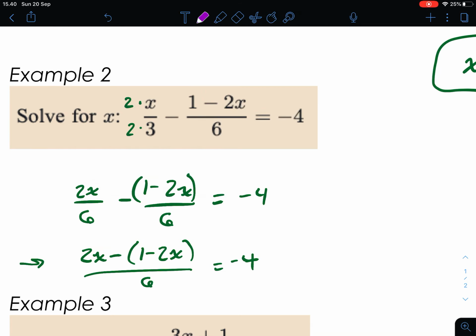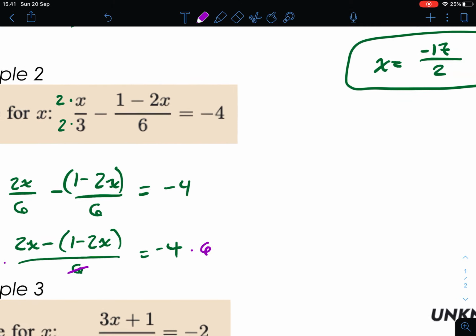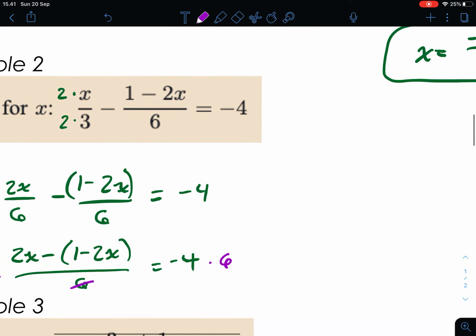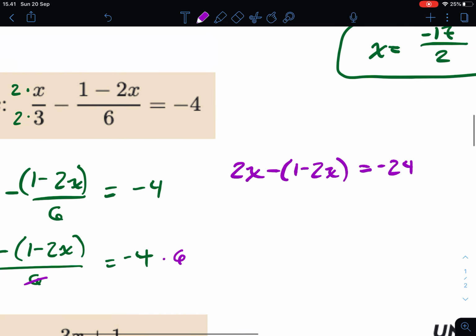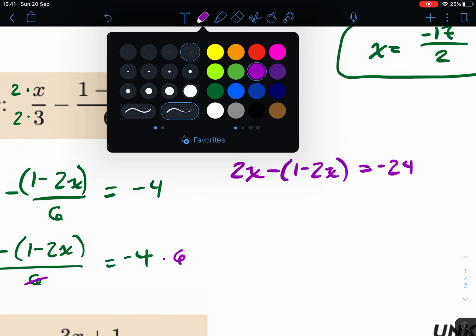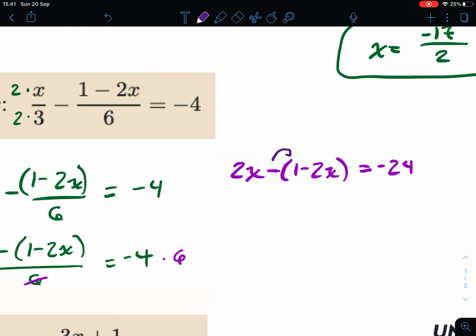Now another thing I can do, without getting 4 to have a denominator of 6, is just multiply both sides by 6 right now. And those 6s divide out to 1. Negative 4 times 6 is negative 24. So I'm going to rewrite this here: 2x minus (1 minus 2x) equals negative 24. Now, the key step here that some of you might forget is to distribute that negative.